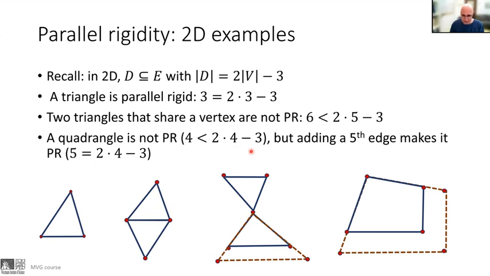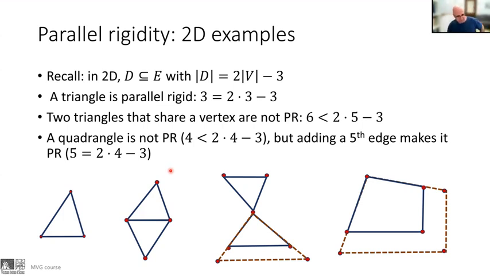But if we add one more edge, then we get this example, and then it's parallel rigid. Nadav, you still want to ask a question?